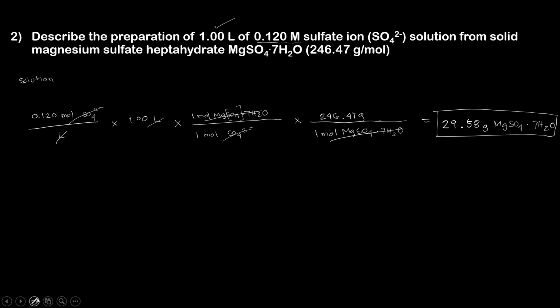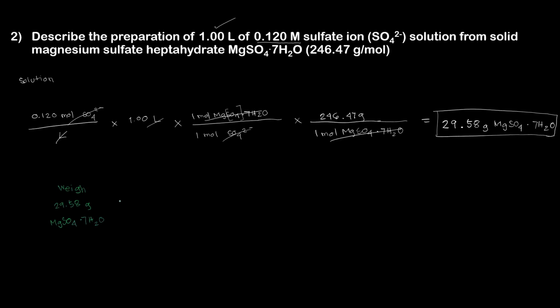To describe the preparation, let's start with weighing. So weigh 29.58 grams MgSO₄·7H₂O.